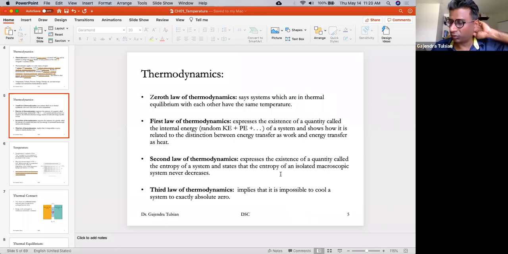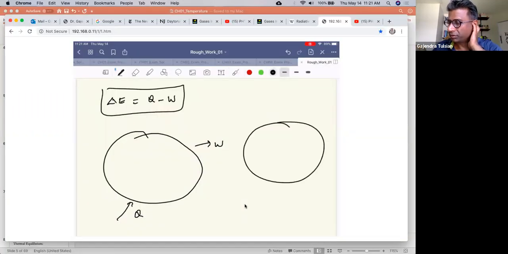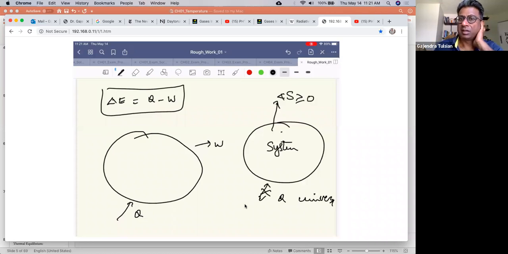What the second law is saying is, for an isolated system, meaning this thing is not exchanging any energy with the universe, so this is the universe and this is the system, entropy stays the same or increases: the change in entropy is always greater than or equal to 0.